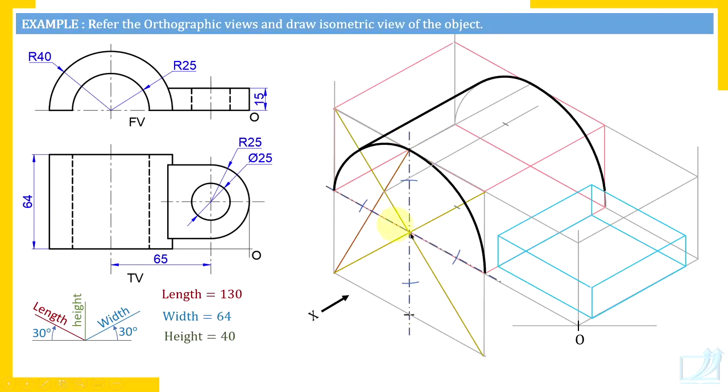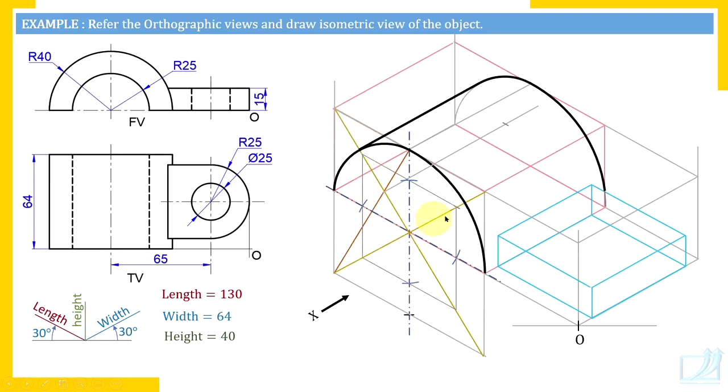Now draw lines parallel to the center lines and complete that rhombus in this way. Now the longer diagonal overlaps with the longer diagonal of the bigger rhombus we have already drawn.